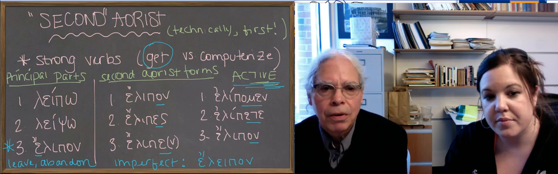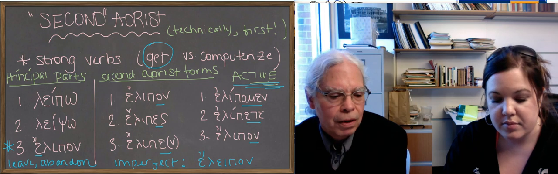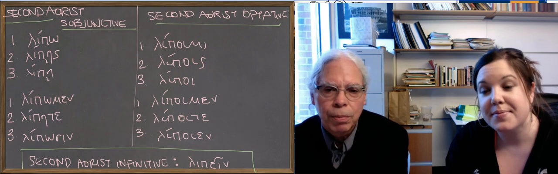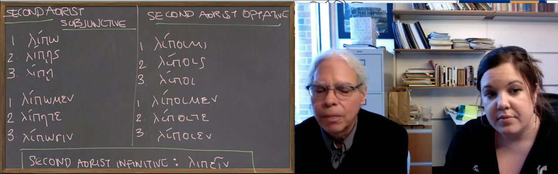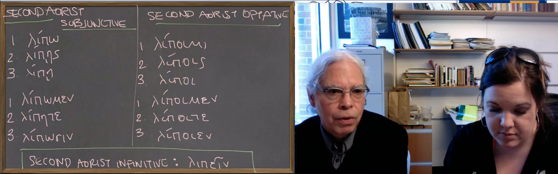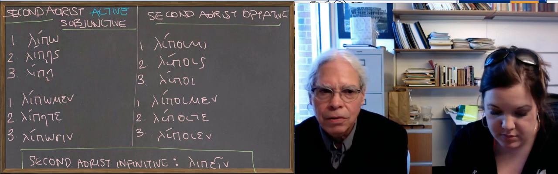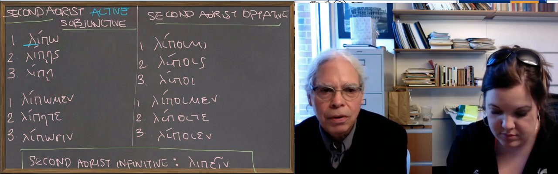If we go to the next blackboard and look at the forms of the subjunctive and of the optative, these are, again, only active forms. You could look at the middle forms yourselves. There's what you would expect. You start with the form lip, and then you add the endings of the subjunctive, which are the ones with the long thematic vowel, o, es, a, omen, ete, osi.